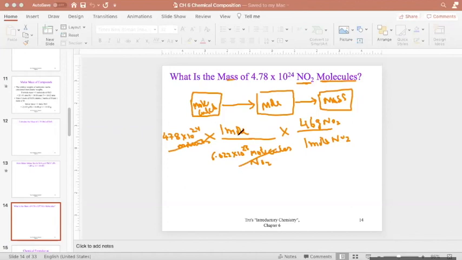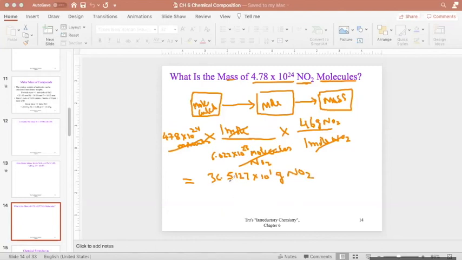So molecules of NO2 cancel, moles of NO2 cancel. And then you have to just solve this problem. When you solve this thing, you're gonna get around 36.5127 times 10 to the power 1 grams of NO2.